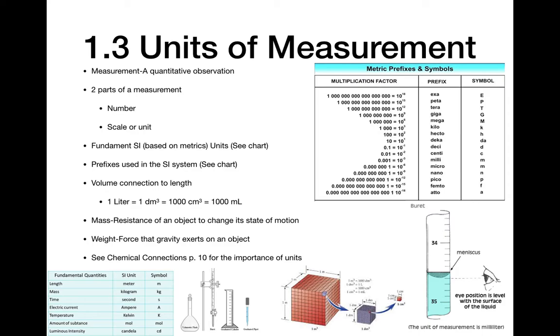We show some different objects for measuring volume, such as the volumetric flask on the left here, the burette, the graduated cylinder, the pipette. We also have a list of the 7 fundamental quantities and the 7 units used in the SI system. For length, we use meter or m, mass is kilogram or kg, time is second or s, electric current is ampere or amps, and that's capital A, temperature is kelvins or K, amount of substance is moles, and luminous intensity is candela.